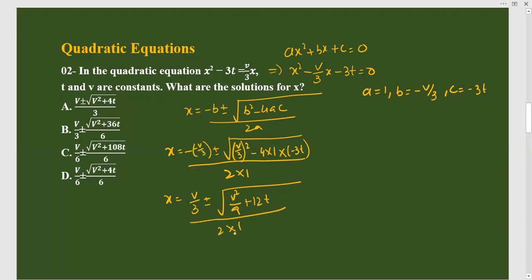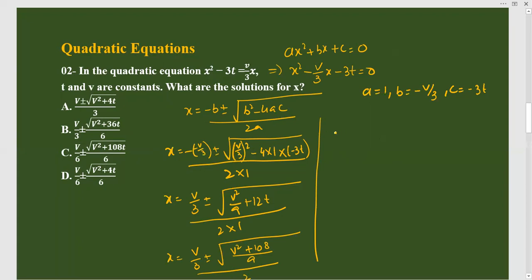So take an LCM: v over 3 plus minus the square root of v square plus 108t divided by 9, and the whole divided by 2.